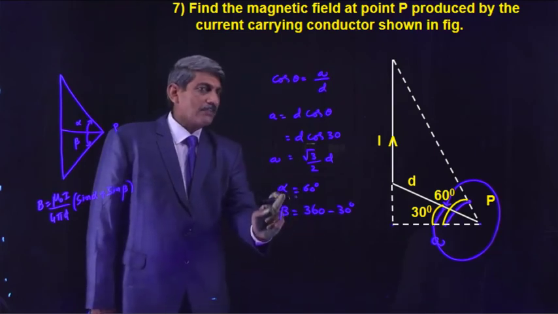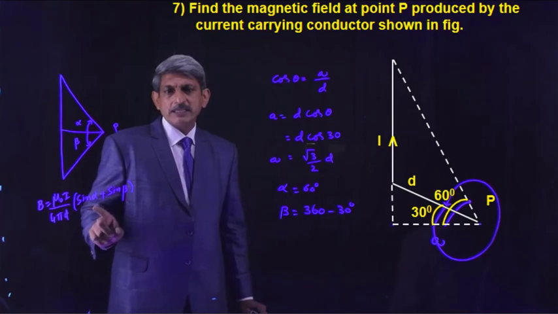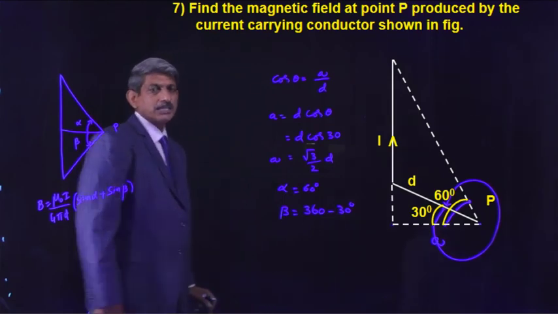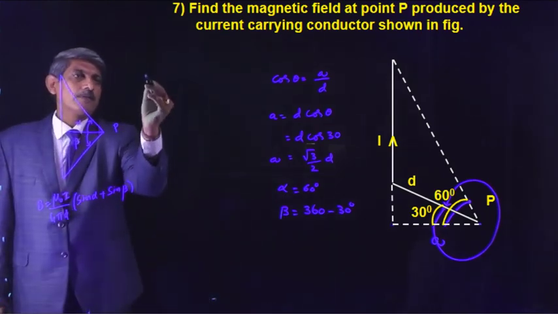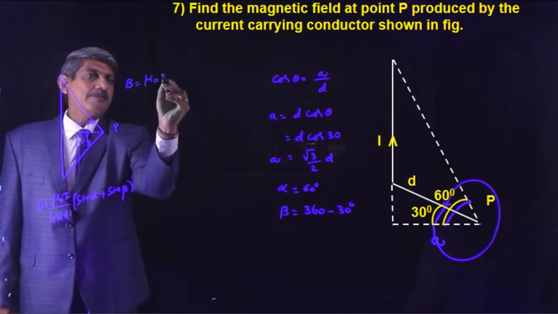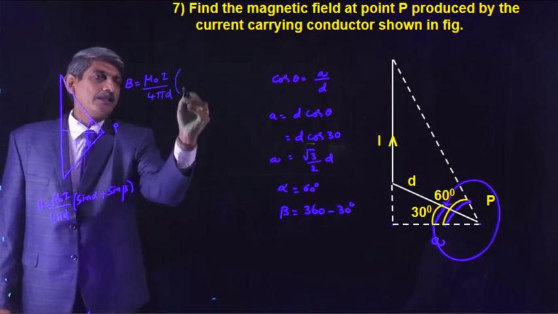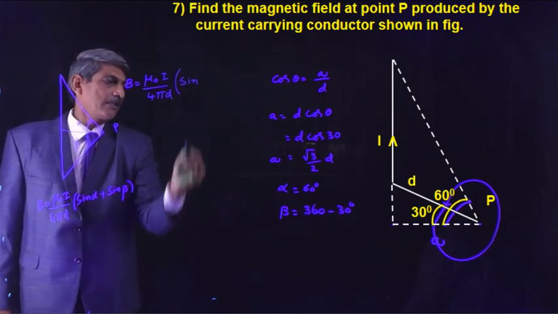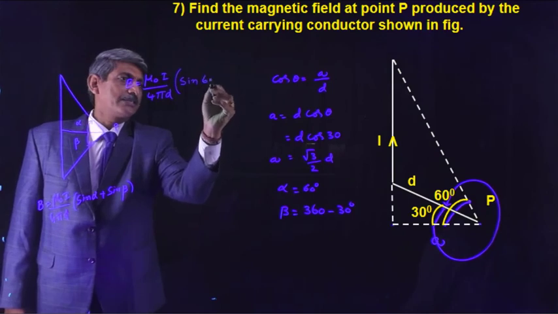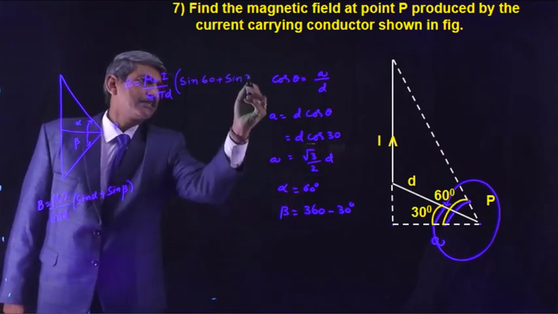Now substitute this alpha value, beta value in this equation, we may get the magnetic field produced by the given wire. So we have B is equal to mu naught I divided by 4 pi d into sin alpha. What is alpha? Sin alpha means sin 60 plus sin 360 minus 30.